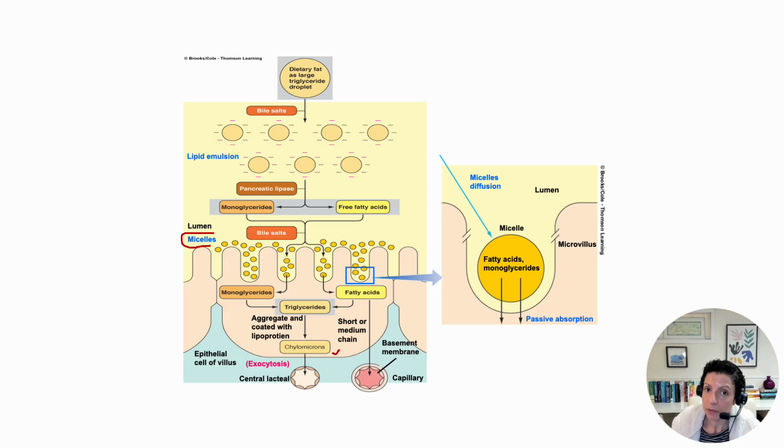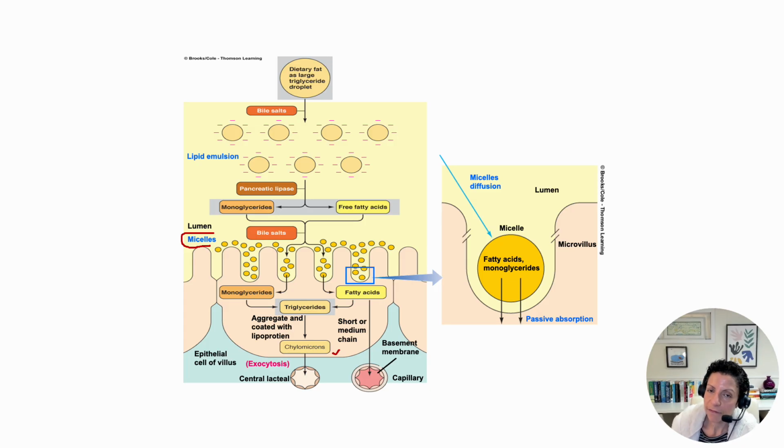And we've talked about those lipoproteins before, but those lipoproteins called chylomicrons are the packages of triglycerides that allow fat to travel in the bloodstream. So those chylomicrons initially get absorbed into that central lacteal and then eventually make it into the bloodstream.